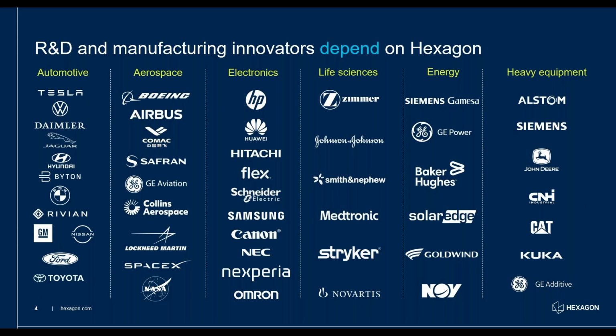With over 500,000 users worldwide, the trust Hexagon has earned across the global engineering landscape is evident. Our technologies are embedded in the workflows of the world's most recognized manufacturers and innovators. And you can see here, these companies span every major industry sector, from aerospace and automotive to electronics, energy, and life sciences.